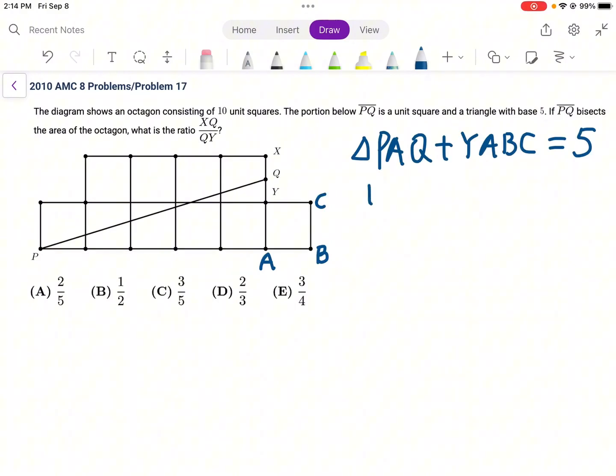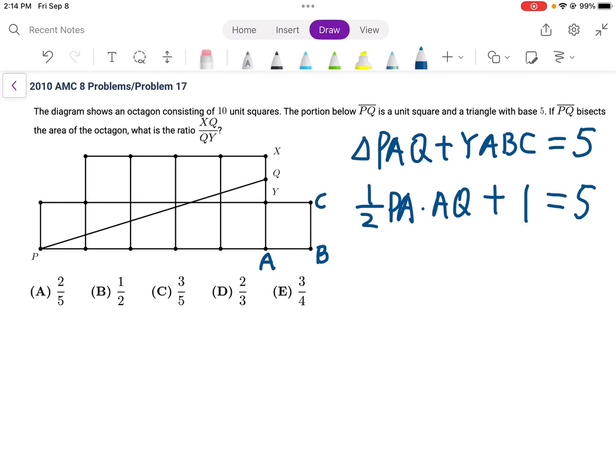PAQ equals 1/2 PA multiply AQ, plus YABC is a unit square, so its area is 1. That equals 5.